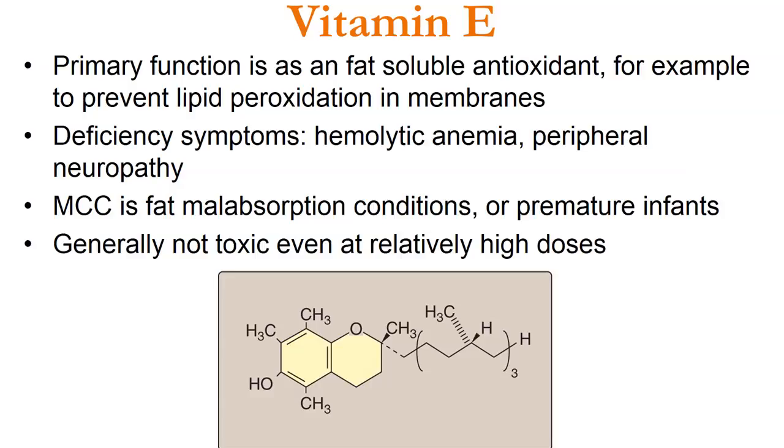Remember, they transport oxygen, so because they're around oxygen so much, they tend to be oxidized very frequently, and this can actually help with that. And peripheral neuropathy, so once again, it's an effect on the membranes in the peripheral nerves. The most common cause is fat malabsorption. You can see it in premature infants, and it's not generally known to be toxic.